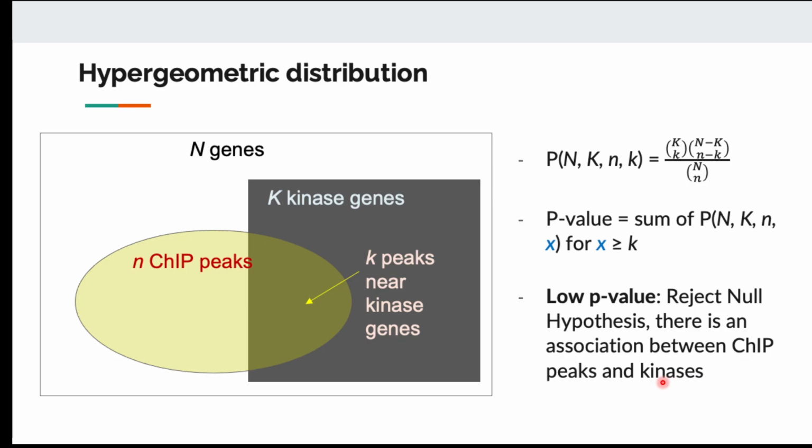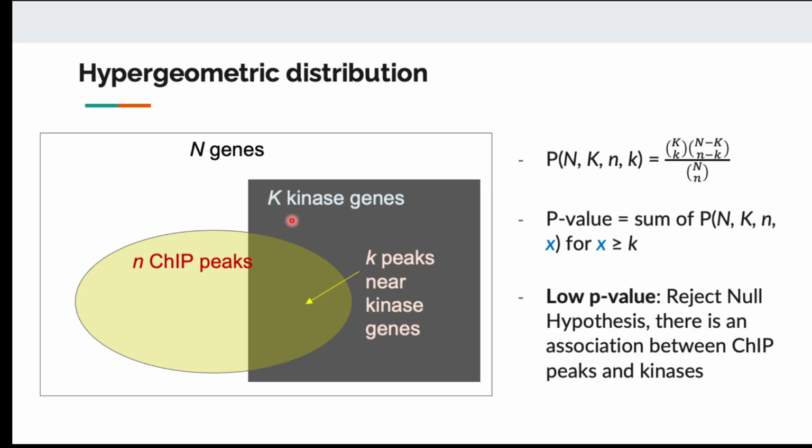You can change kinase to any gene function, and this analysis will remain the same. If you change kinase to, let's say, mitochondrial gene, you have a different number of mitochondrial genes, and some peaks will be near mitochondrial genes if you analyze the mitochondrial DNA as well. So you can change this function to, let's say, translation elongation.